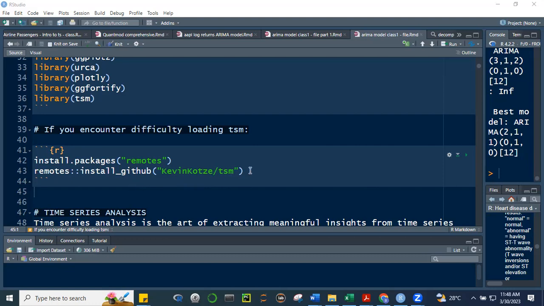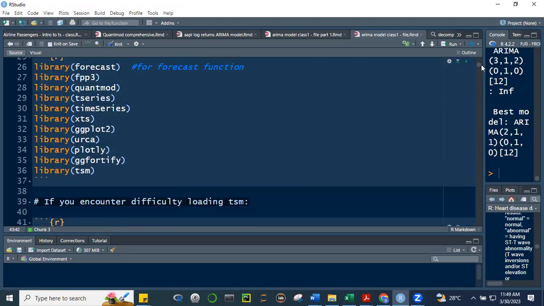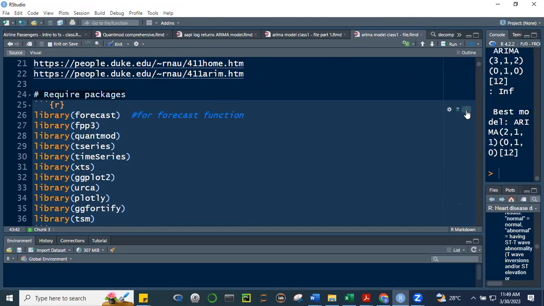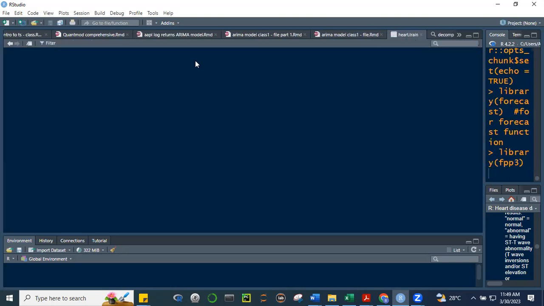He's the writer, and we can download the package and use it in R. So kindly run this, and please tell me, paki-library si TSM after you run that code chunk.